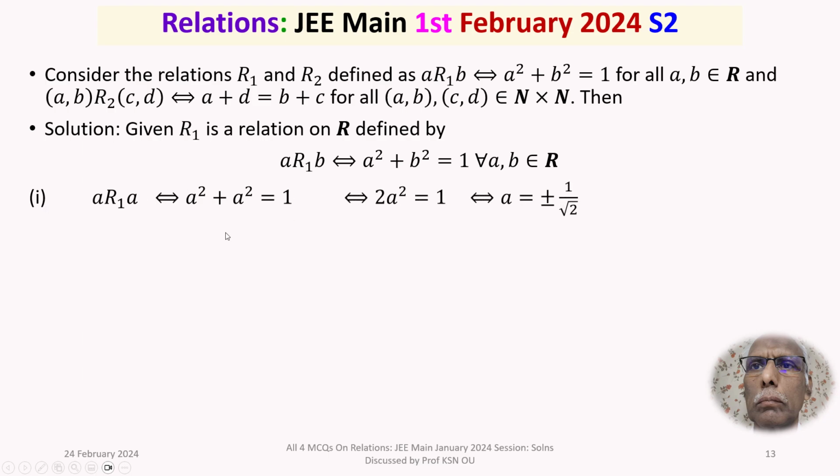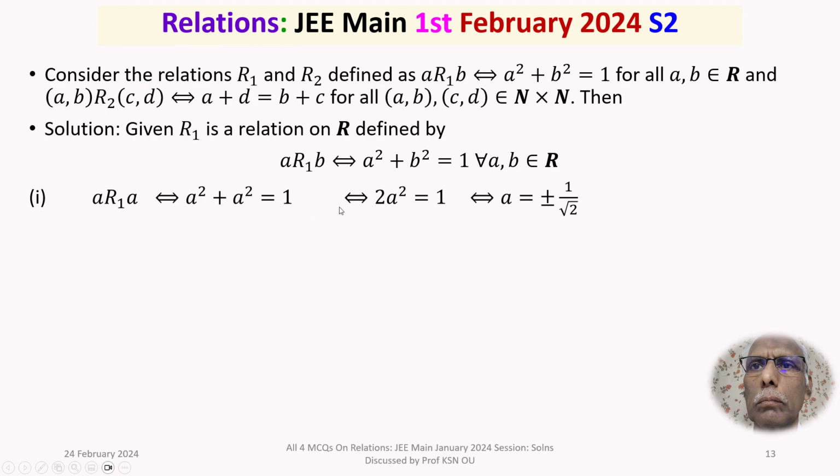Now, we test the reflexivity. A R1 A, that is A related to A, if and only if A square plus B square, that is A square, is equal to 1.